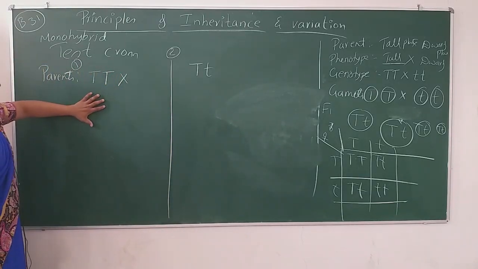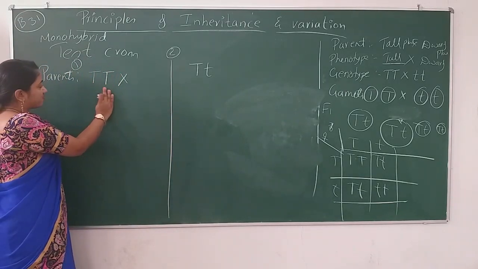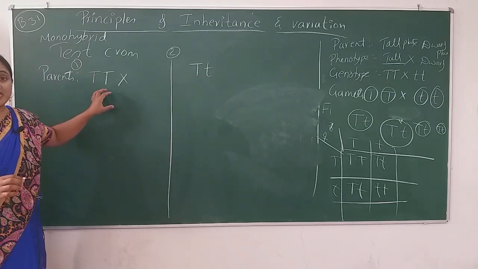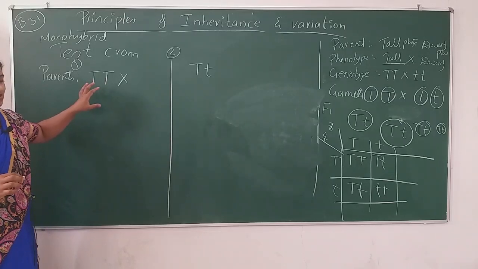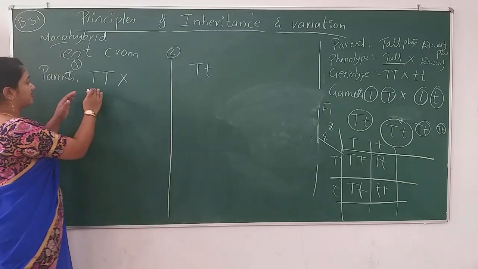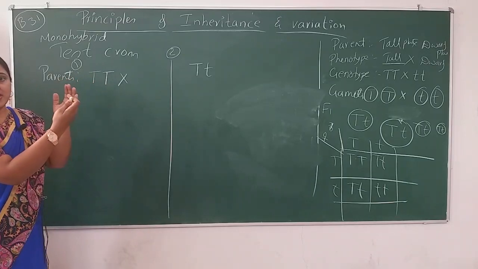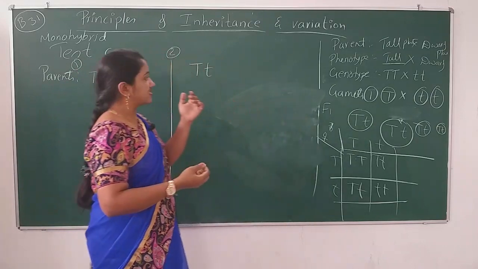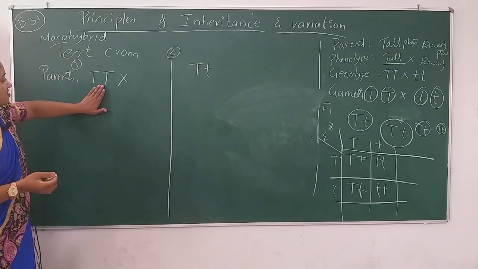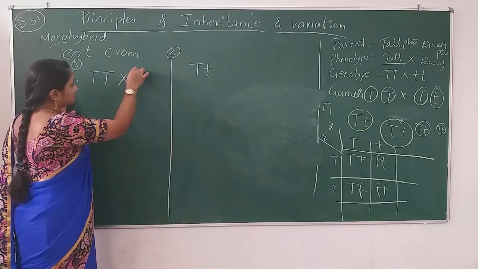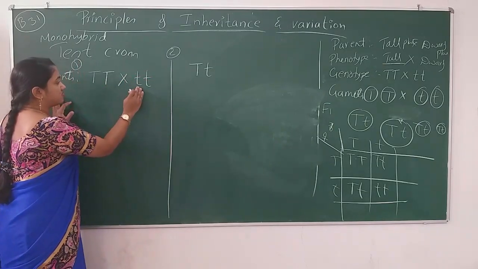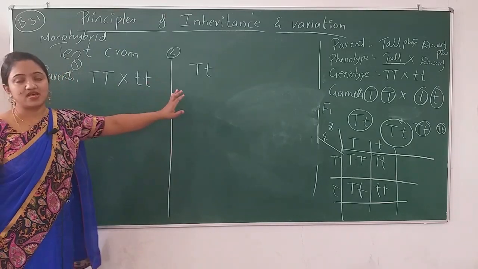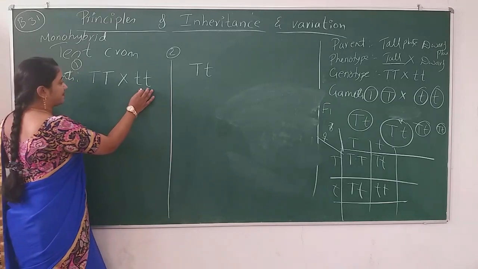Let me complete this first. We don't know which condition the parent is in. I am just selecting one of the parents. By appearance we cannot say whether the plant is homozygous or heterozygous. Here I have written the possibility. To this we are crossing a pure recessive, homozygous recessive parent.